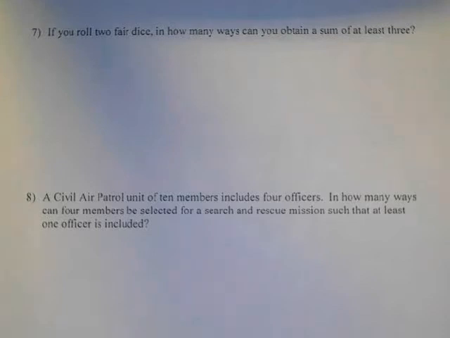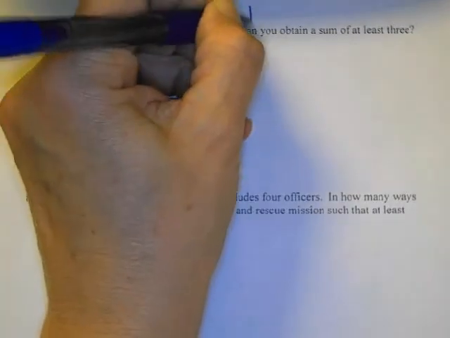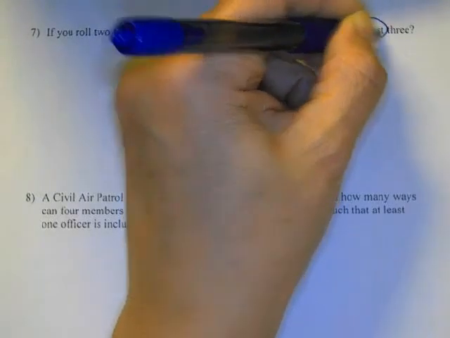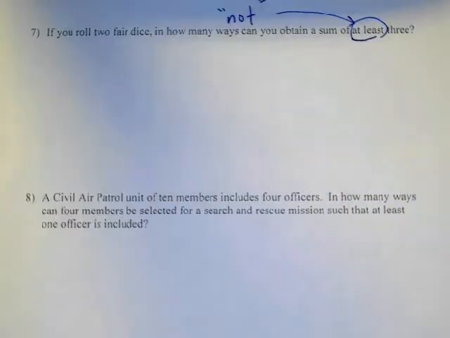All right, let's try an example here. If you roll 2 fair dice, in how many ways can you obtain a sum of at least 3? Now you might look at that and wonder, how do I know that's a not problem? It's a not problem because of this phrase, at least.